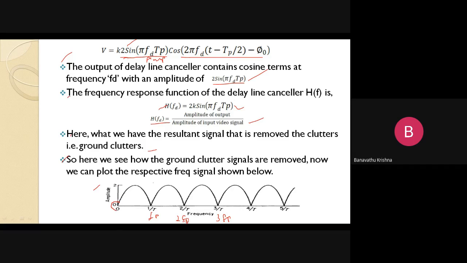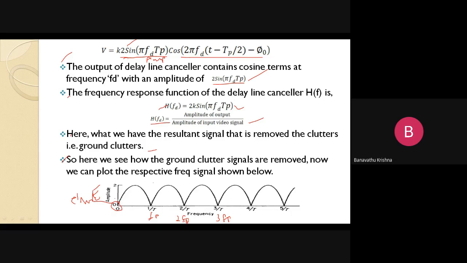At this point the amplitude is 0, meaning the response of the system is 0. Regarding the ground signal, we are not getting any output response at the output side. That's why the amplitude is 0, and such a signal we can eliminate. Here we see the elimination of low frequency noise.